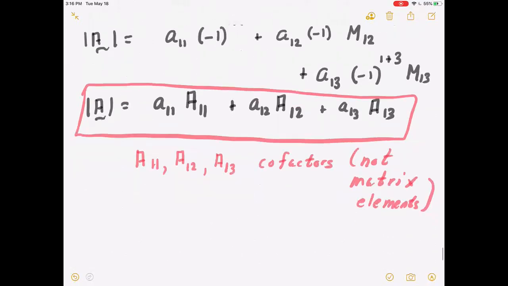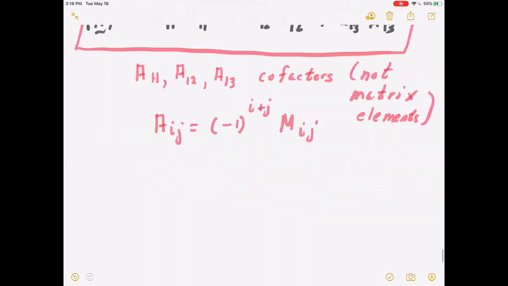And a general expression for a cofactor, A sub ij, is that it's minus 1 raised to the sum of i and j times the minor M sub ij.